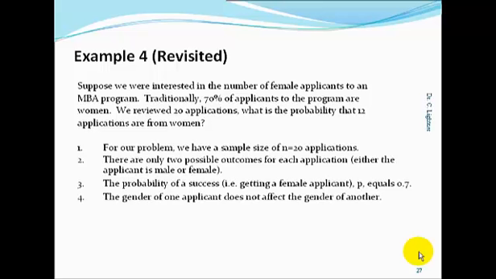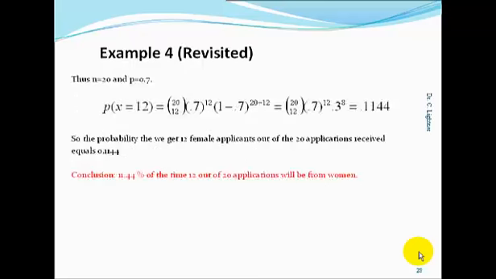And in step 4, we previously discussed that the gender of one applicant does not affect the randomly selected gender of another applicant. So for our problem, we have n equals 20 and p equals 0.7. We take our same basic probability formula and insert our n and p values into the formula.